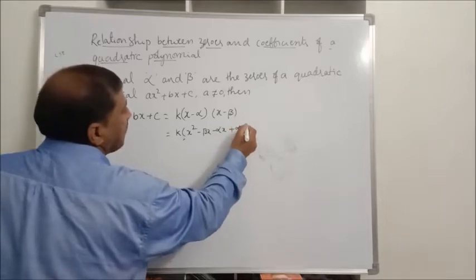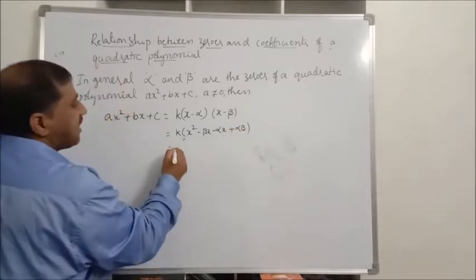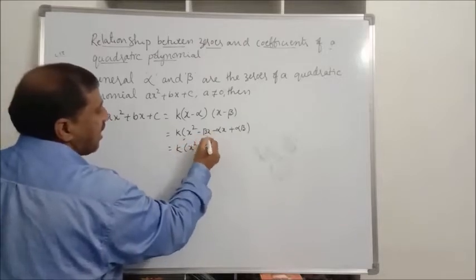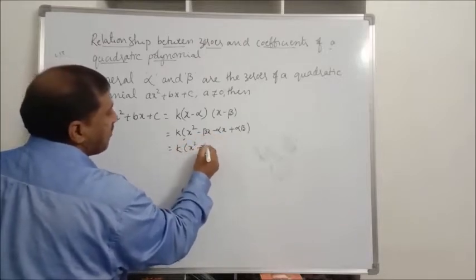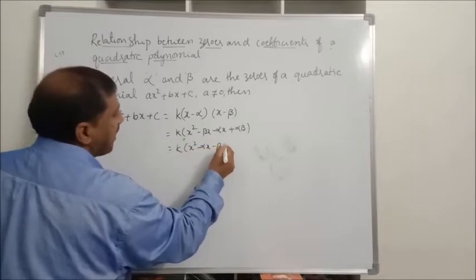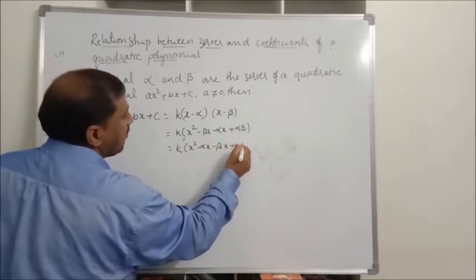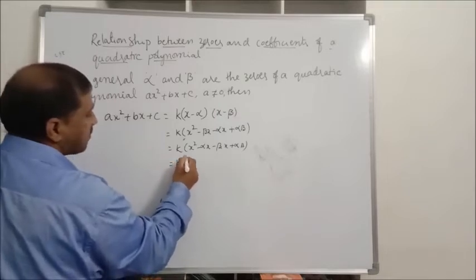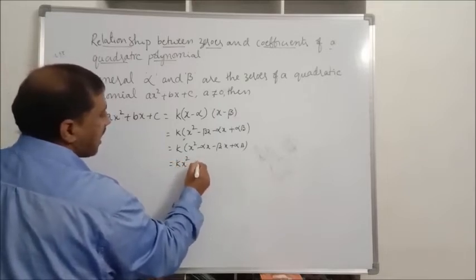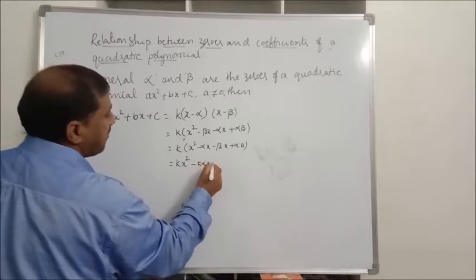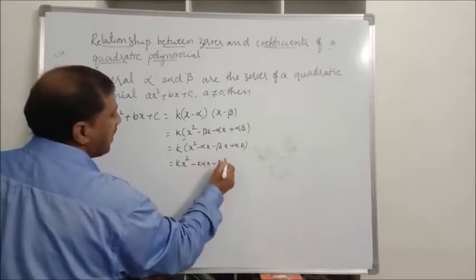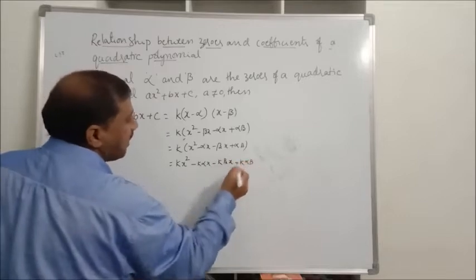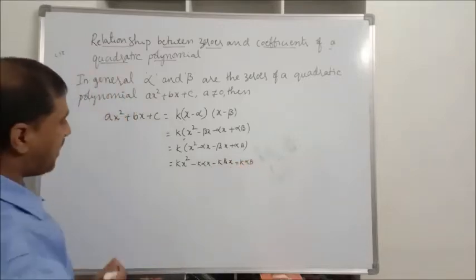That is equal to k into x square minus alpha x minus beta x plus alpha beta. Multiplying with k, that is kx square minus k alpha x minus k beta x plus k alpha beta.